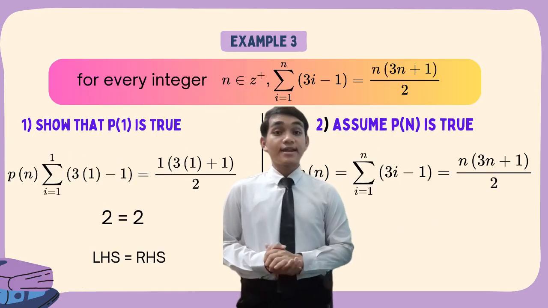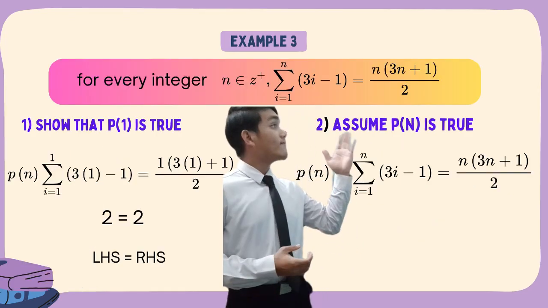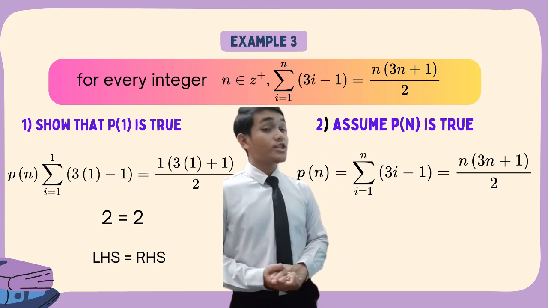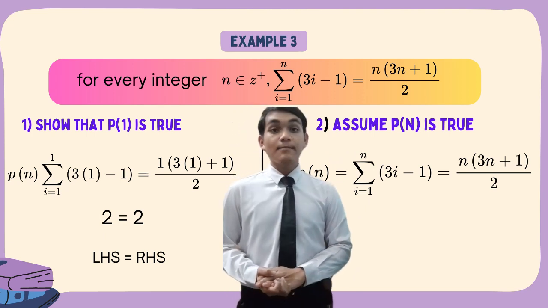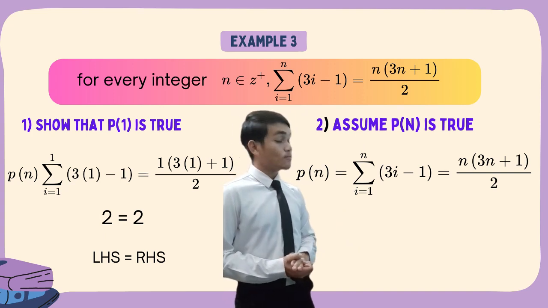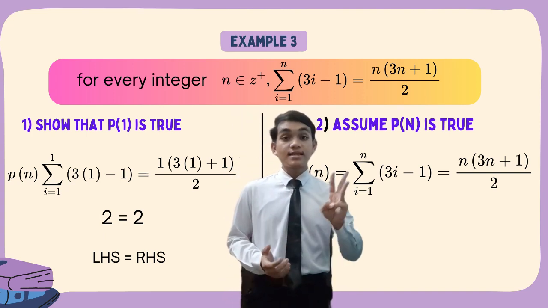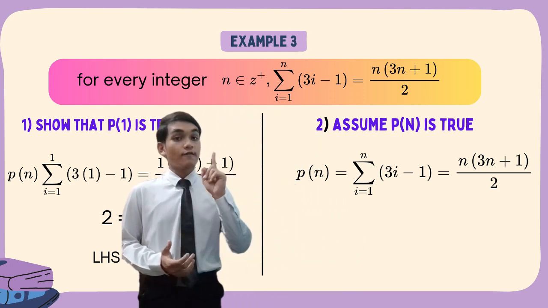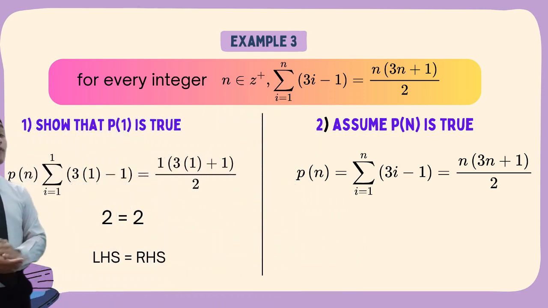Now, let's try another example to understand it. For every integer n that is an element of the positive integers, the sum of 3i minus 1 is equal to n times (3n plus 1) divided by 2. So, we will use the three steps for this example. For the first step, we must show that P(1) is true.